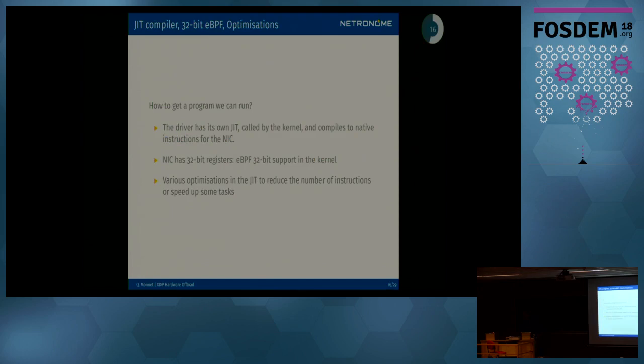We also have to be sure that the processors are able to run BPF. So what happens in the non-offload case is that BPF programs can be JIT compiled. When we are offloading, we're doing the same. We have our own JIT compiler, which is in our driver.